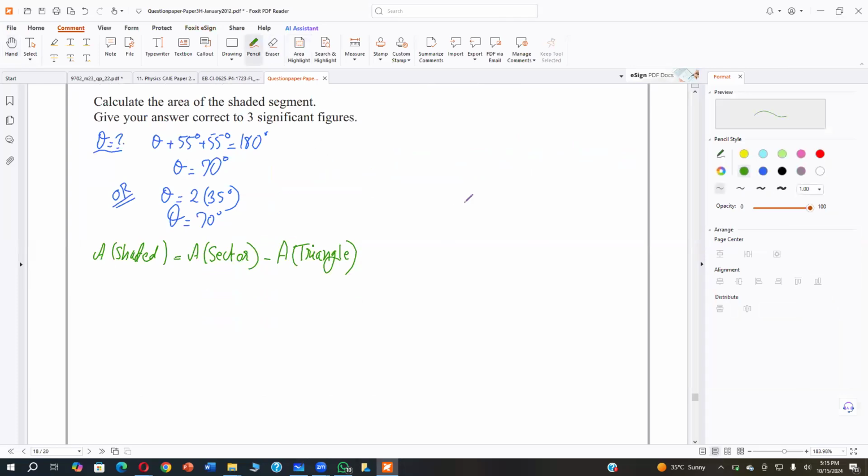Now I can say the formula for the sector: theta upon 360 into pi r squared, minus the area of the triangle, half into base into height. Now look at this.